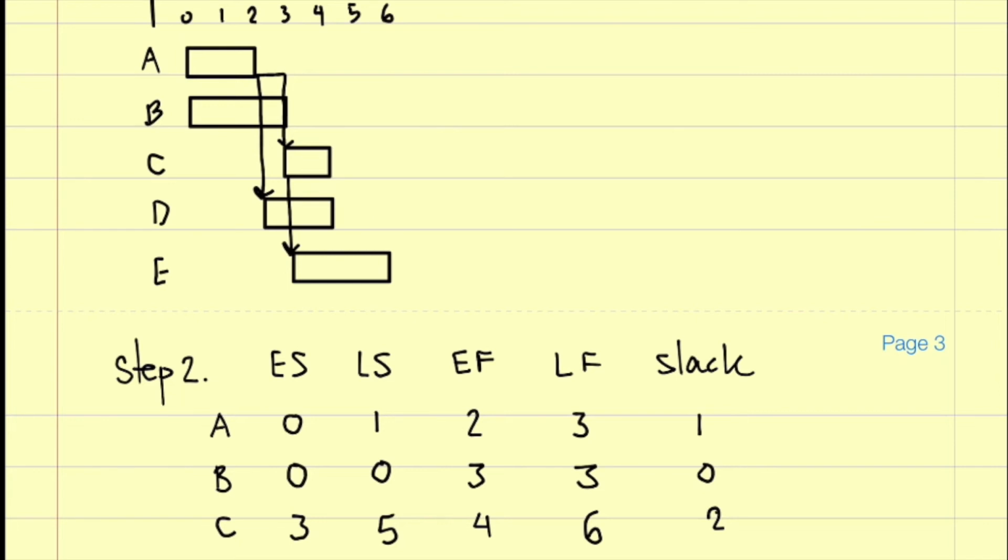Think again. What is the late start? Also 2? Think about it. Early start is here, right? Yes. How much can I delay it without compromising the overall project performance? Oh, 2. So the late start is 4.